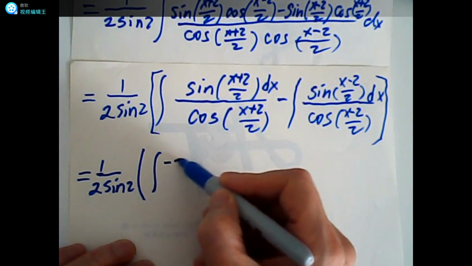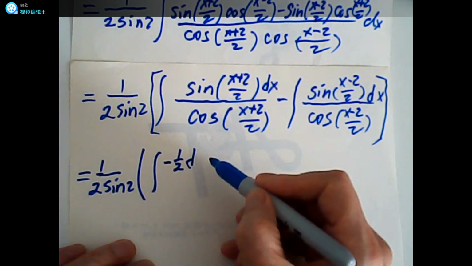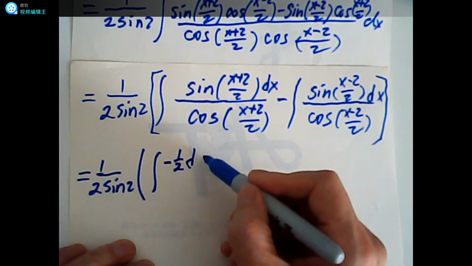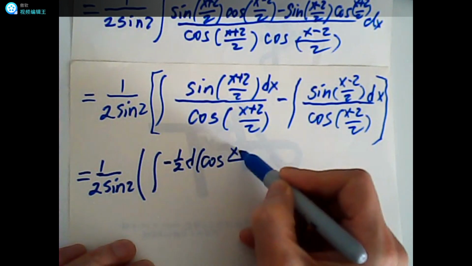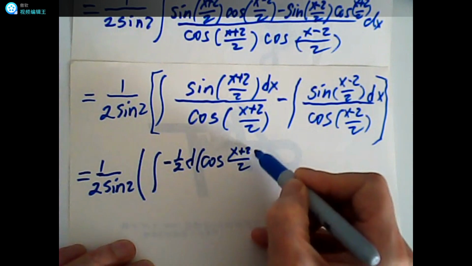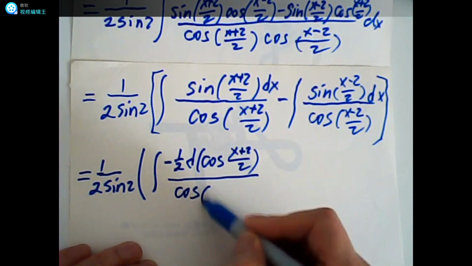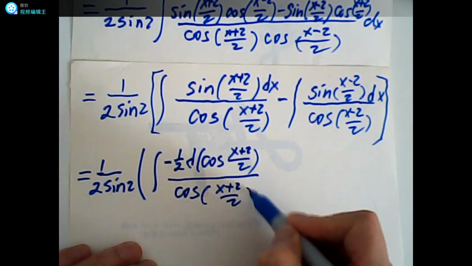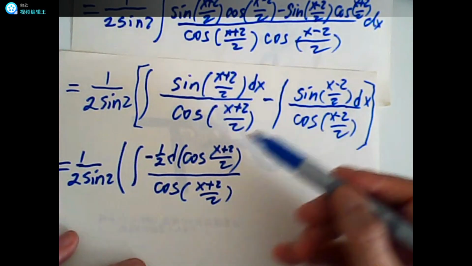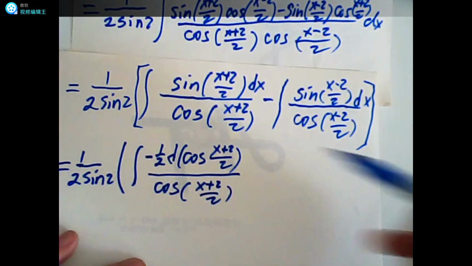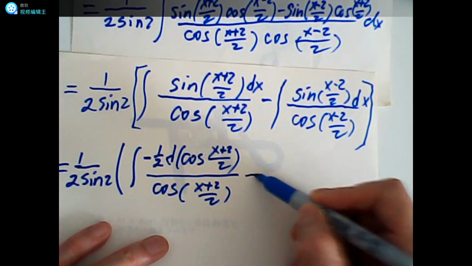So this is negative half d cosine (x plus 2)/2 over cosine (x plus 2)/2. The numerator is the derivative of the denominator multiplied by negative half.